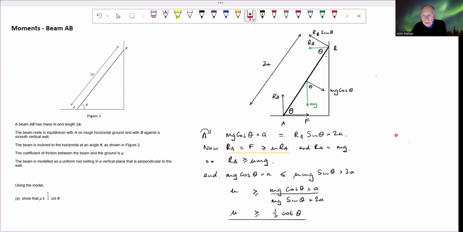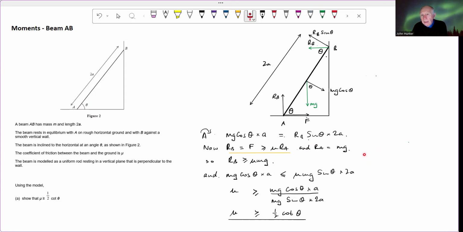Right, okay. So that's my first step. So when we do that, we get this force acting at a distance of a equals RB sine theta, which is acting at a distance of 2a. Right, okay, so what else?